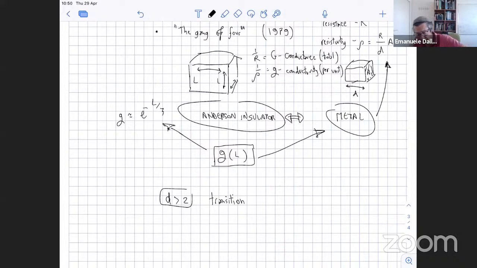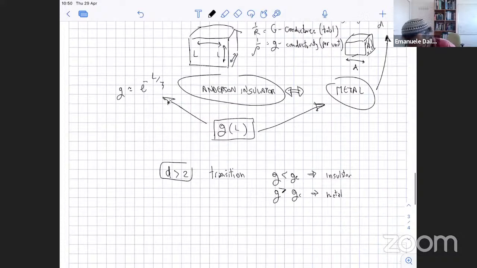Depending on some critical value, if I start from, say, G that is smaller than G critical, then I will eventually become an Anderson insulator, while if G is larger than G critical, then it will become a metal. So there is really a critical transition between the two.